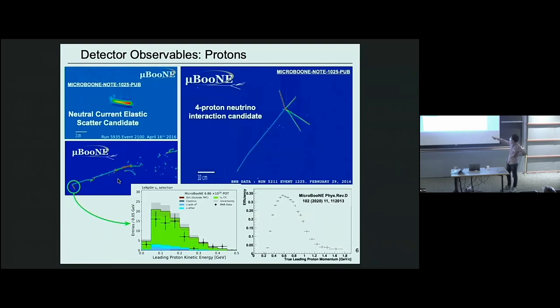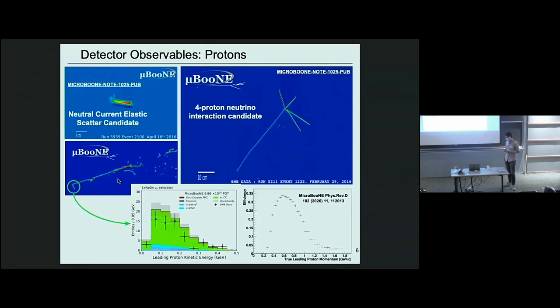This is a single few centimeter isolated proton coming from possibly a neutral current elastic scattering interaction. Here's one of our charged current events with 4 final state protons clearly visible. And here's one of our NuE interactions with the electromagnetic shower and a nice little proton. The key takeaway here is that with the millimeter spacing resolution we have, we can detect protons and measure their multiplicity up to tens of MeV kinetic energy.